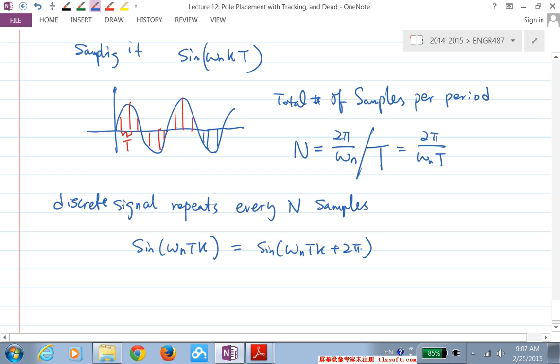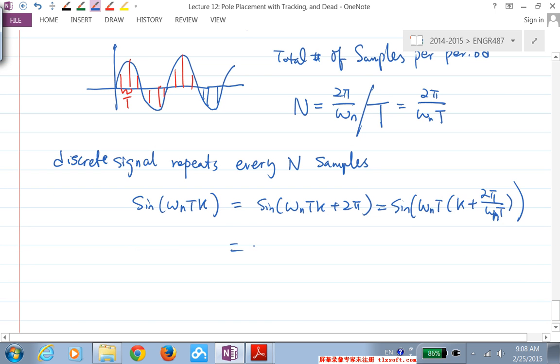So if I do a quick modification, if I take the omega n T out, then inside is k times 2 pi over omega n T. So what is that 2 pi over omega n T? It is the number of samples here, N.